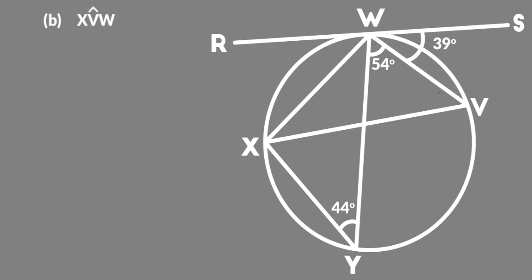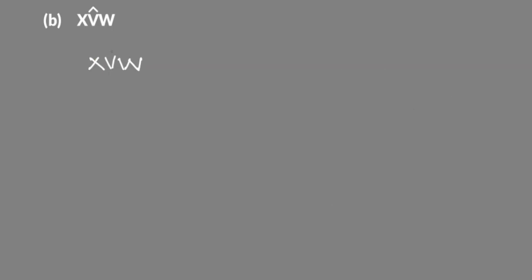And the question tells us the value of that angle. It's 44 degrees. Therefore, again, we're not doing any calculations. XVW is equal to XYW. And we have the value of XYW. So XVW is going to be equal to 44 degrees.